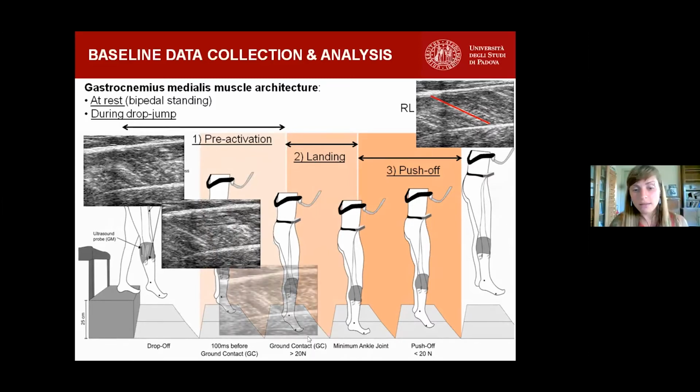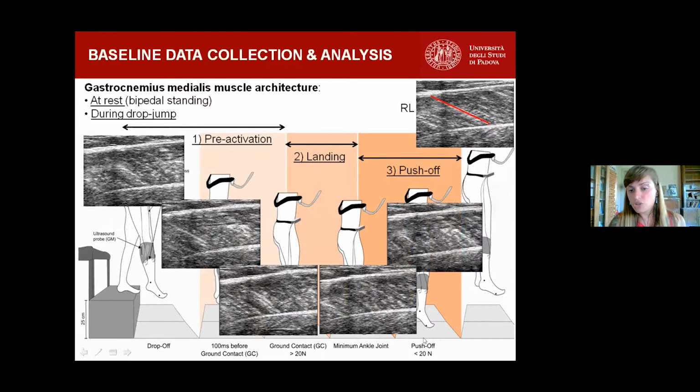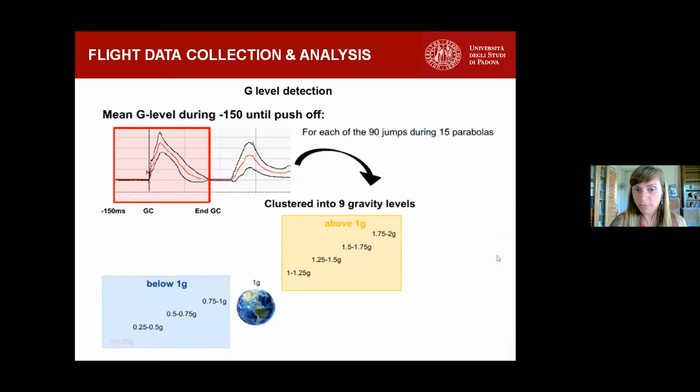Then ground contact, that is the end of the pre-activation phase and the beginning of the landing phase. Then the minimum ankle joint angle, representing the end of the landing phase, and the push-off, that represents the moment just before leaving the ground. The same measurement and analysis were run for the jumps performed during the parabolas.